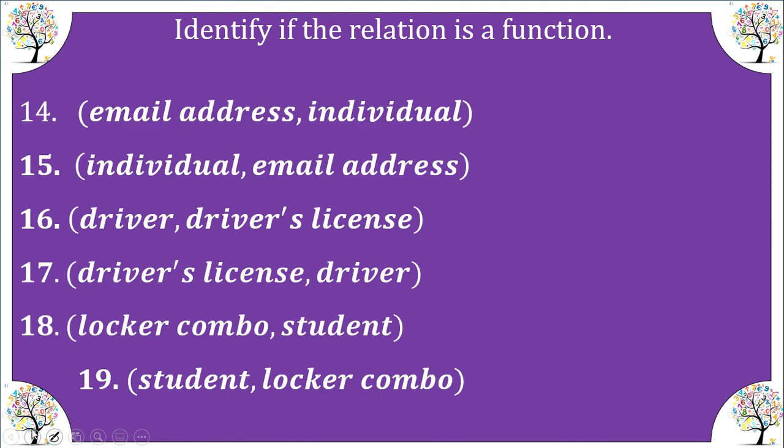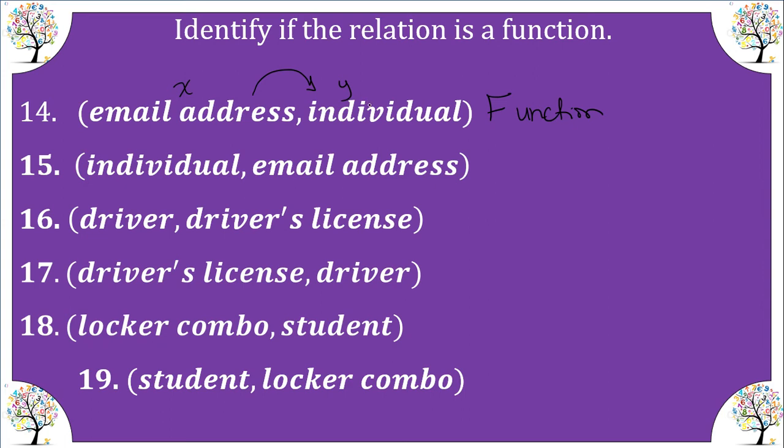Now let's talk about some ideas if we don't have a graph or a function table. You're just going to ask yourself about the input. So an email address, if I type in an email address, how many different individuals is it going to go to? It's just going to go to one. So this can only go to one person. So this idea is a function.